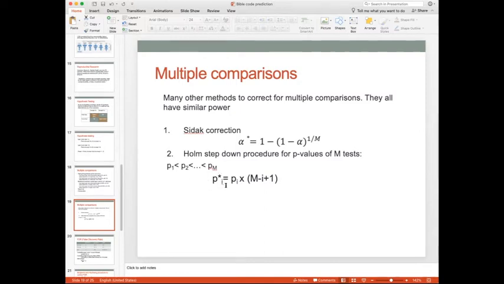And you correct the p-value. So the p star i is equal to pi times n minus i plus 1, okay? So here you correct your p-value, okay? And they all have very similar power to Bonferroni correction. So most people would just do the Bonferroni correction.